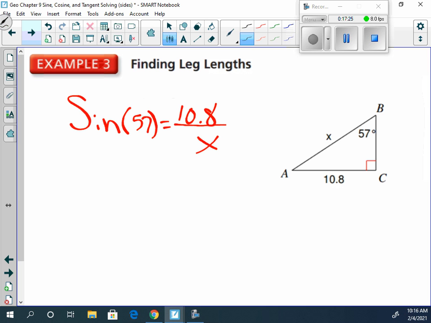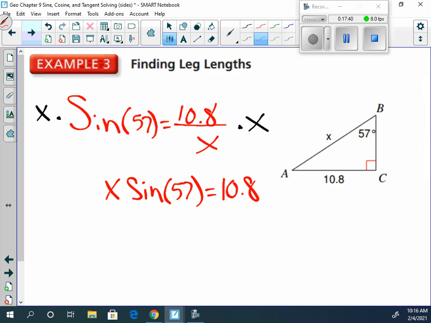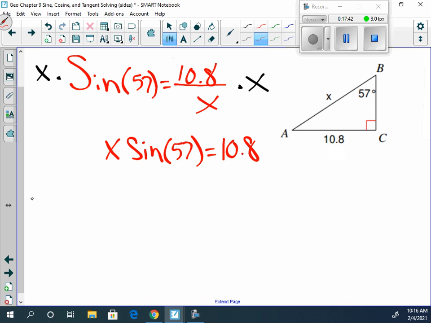Now here we're going to multiply both sides by x, which will tell us x sine of 57 is equal to 10.8. Yes, we would divide both sides by sine of 57.